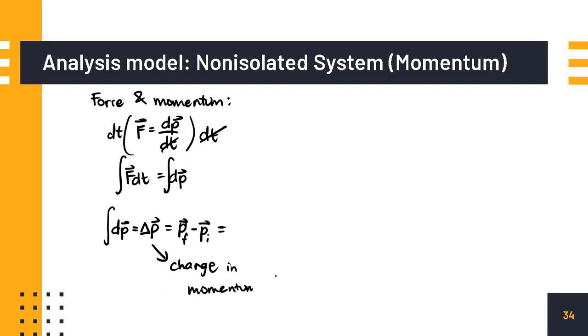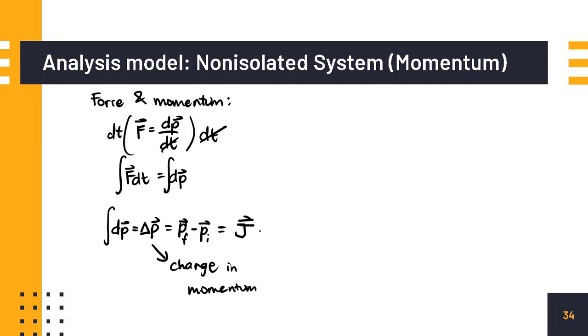Remember, whenever there is a change happening within the magnitude of our momentum, whether it increases or decreases within our non-isolated system, it isn't simply defined as momentum. It is the impulse of the object, which has the symbol J with an arrowhead, because it is also a vector quantity.